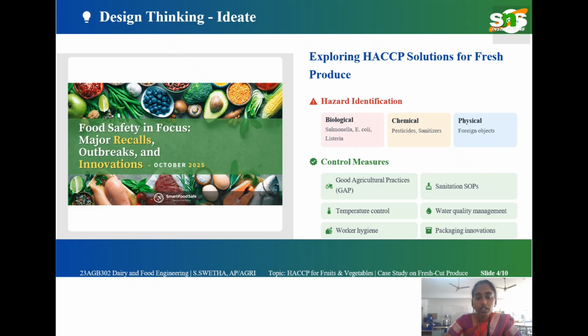For control measures, we have to follow good GMP practices inside the food industry, follow sanitation standard operating procedures, and there is temperature control, humidity control, water quality management, and packaging is also very important to control the hazards.